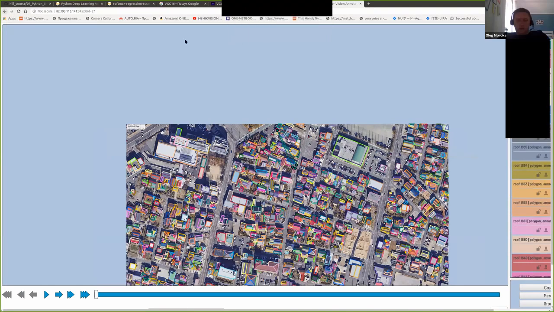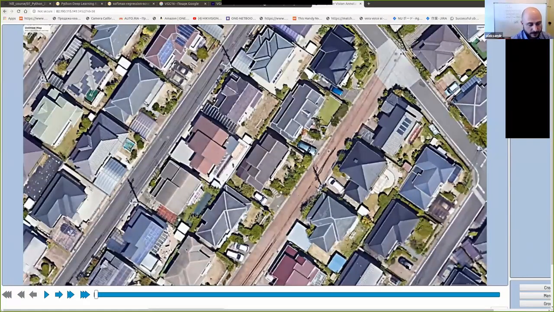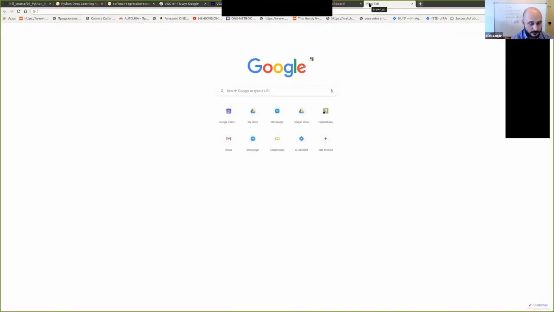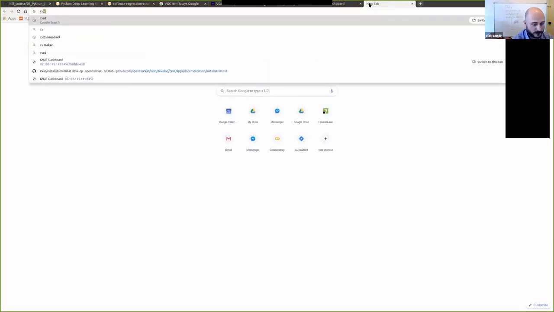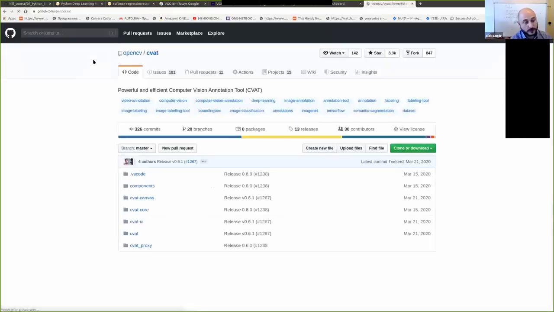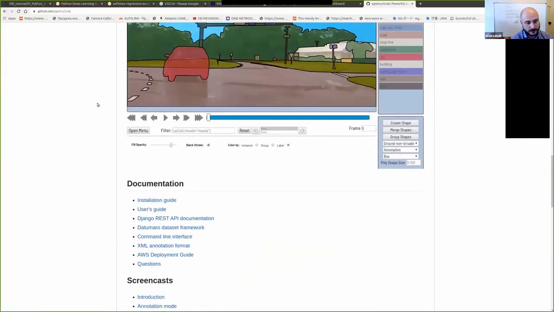Is this your own service developed, or is it some common service? This CVAT software, it is an open source solution. I just want to recommend it for you for situations when you need to do something with data annotation. If you need to organize the process, you can use this data annotation tool, CVAT.